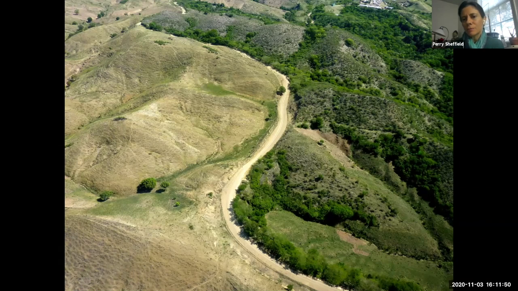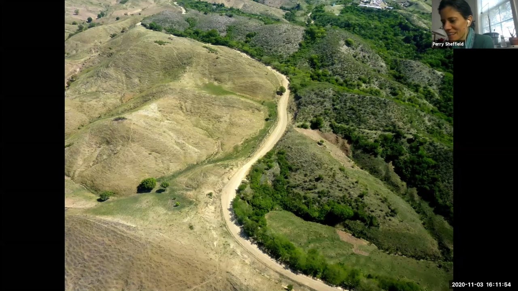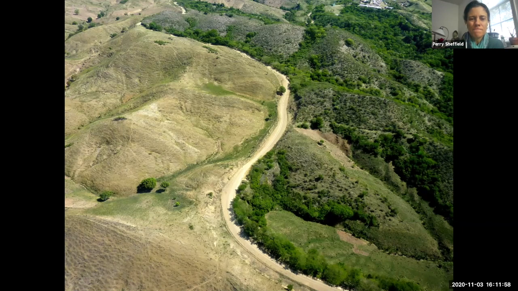But this didn't happen just by chance. I use this example because this is obviously all in the same climate. It's in a very small micro area, not a big geographic area.